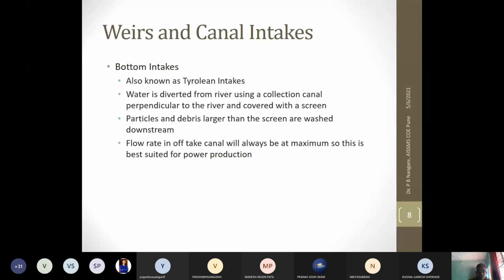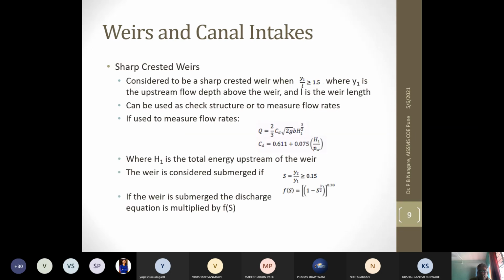The water is conveyed, and the head of the water is raised up because of constructing the head regulators. The bottom intake, also known as a Tyrolean intake, directs water from the river using a collection canal perpendicular to the river and covered with a screen. Particles and debris larger than the screen are washed away on the downstream side, and the flow rate in the offtake canal, which is constructed near the dam, will always be at maximum, so this is best suited for power production.